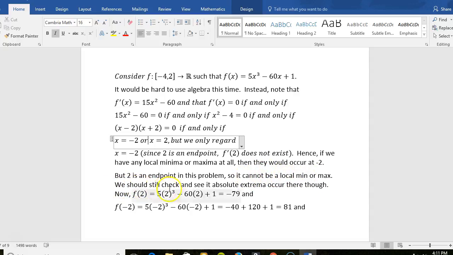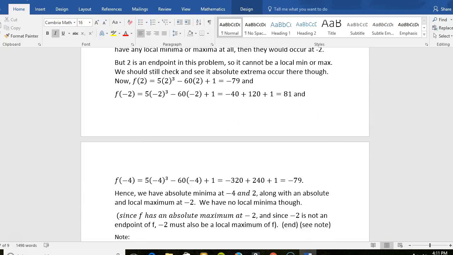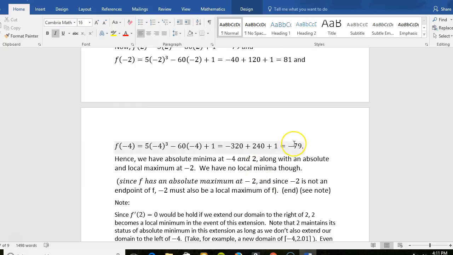We should still check and see if it's absolute, though. Now, f of 2, if we plug it into f, we get negative 79. If we plug negative 2 into f, we get positive 81. Now we have to check negative 4. If we plug in negative 4, we get negative 79. So we have absolute minima at negative 4 and at 2, and we have an absolute and local max at negative 2.